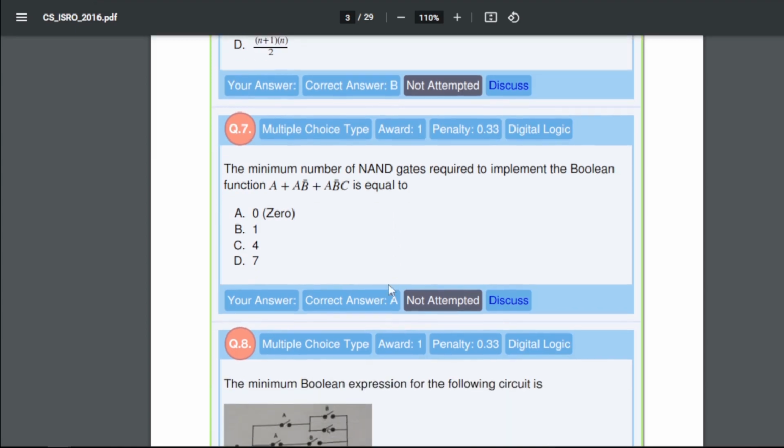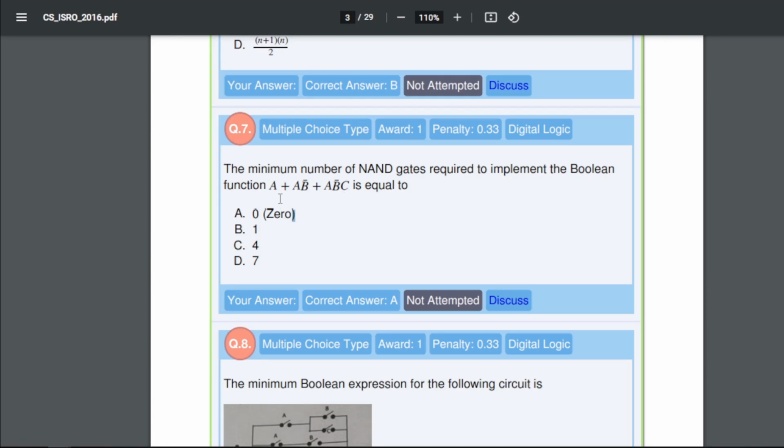Now next question is 7, the minimum number of NAND gates required to implement the Boolean function A plus A B bar plus A B bar C is equal to what? The minimum number of NAND gates we need is 0. Why 0?